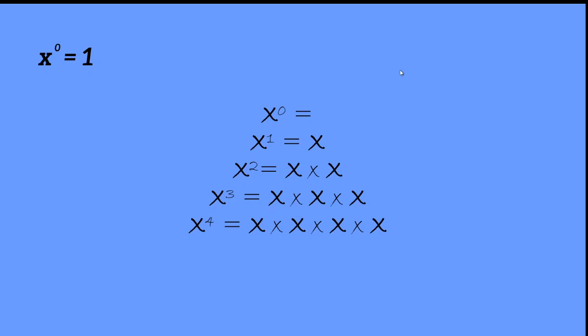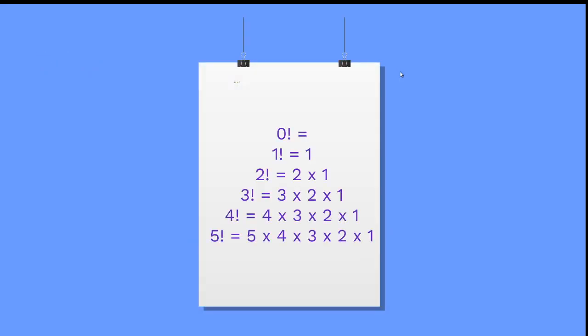Now, let us use the same method in understanding what 0 factorial is. 5 factorial is equal to 5 into 4 into 3 into 2 into 1. 4 factorial is 5 factorial divided by 5, right? So 5 factorial divided by 5, I get 4 factorial. 4 factorial divided by 4, I get 3 factorial. 3 factorial divided by 3, I get 2 factorial.